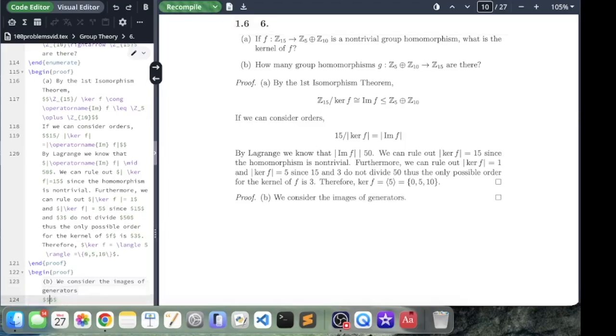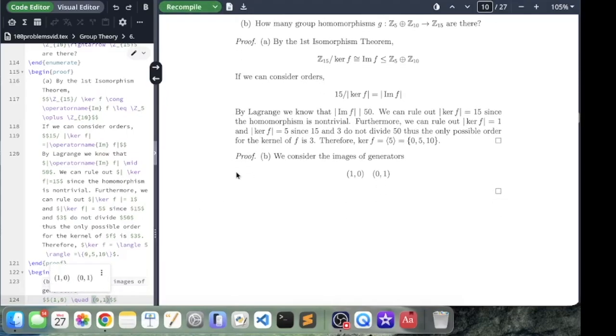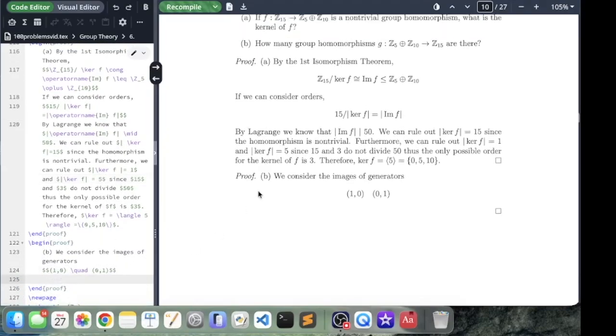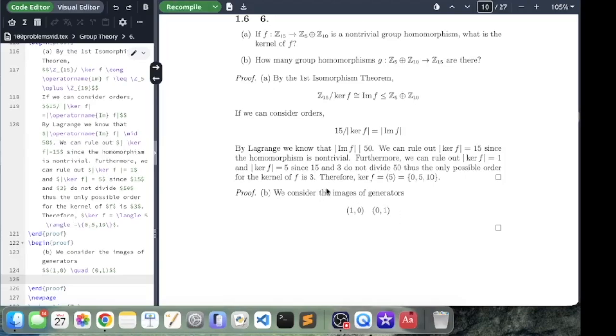The images of generators (0, 1) and (1, 0). These guys.